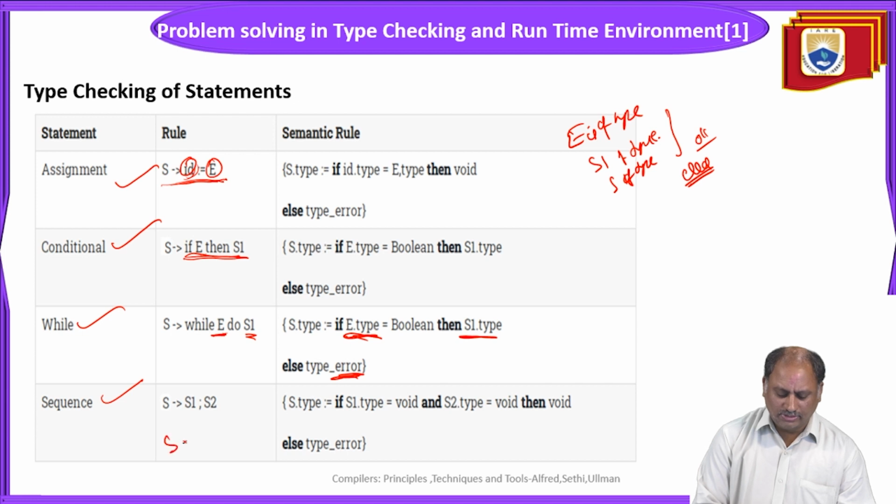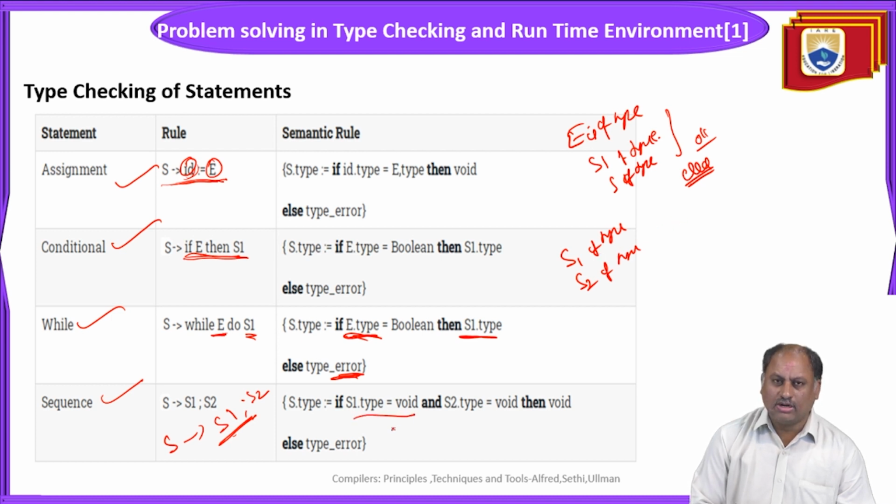Now, for example, there will be several statements such as S, S1, S2, S3. Then the individual statements are to be verified first. That is, what is the type of S1, and what is the type of S2? Are both valid or not? Suppose S1 is of type void, that means it does not return anything, and S2.type is also void, then S.type is also expected as void only.